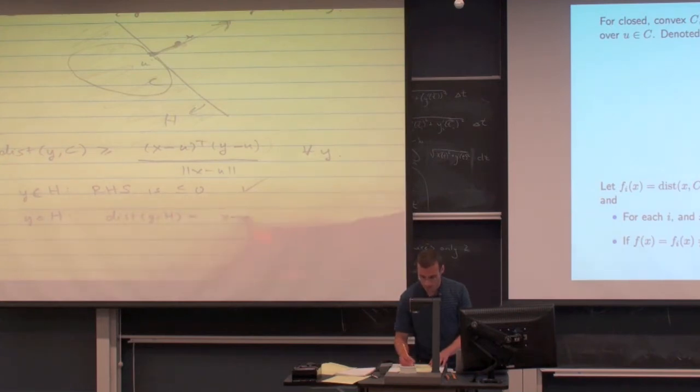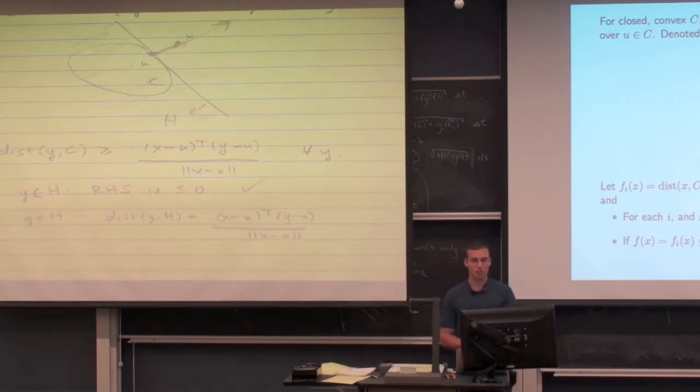The right-hand side is just the distance between y and the hyperplane. And in that case, it's certainly going to be smaller than or equal to the distance between y and C, because C is contained in H. Right, so if we can prove that, we're also done. So why is that true?